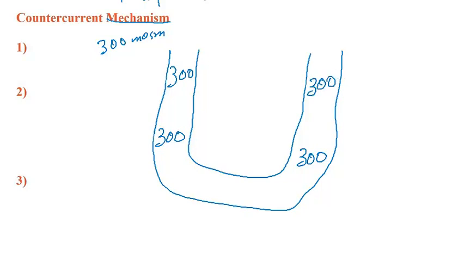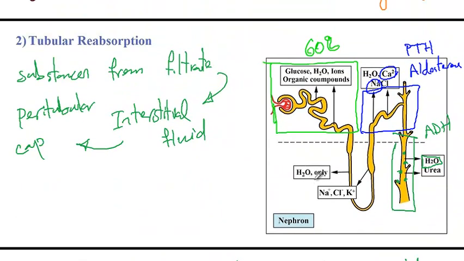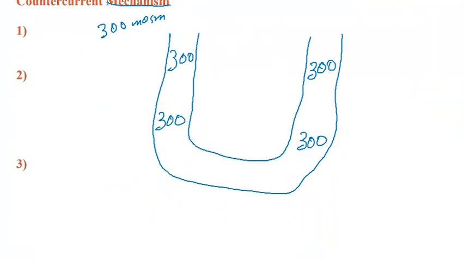Now we discussed earlier that the descending loop of Henle is only reabsorbing water while the ascending loop of Henle is only reabsorbing salts. So what happens when the ascending loop is only reabsorbing salts?